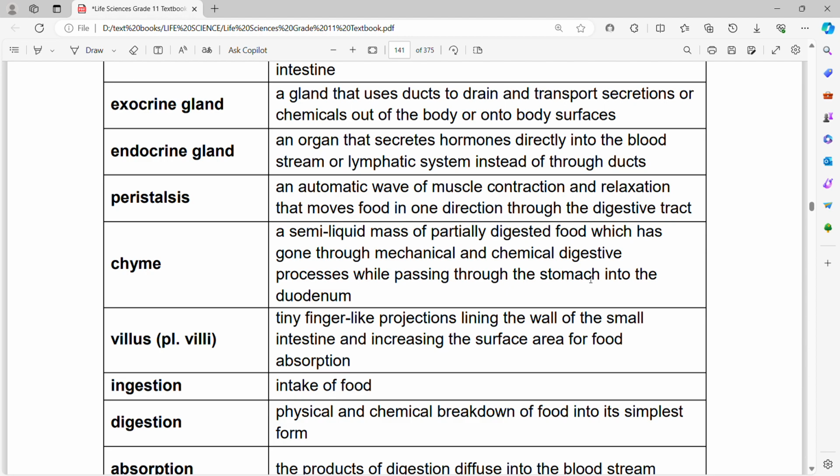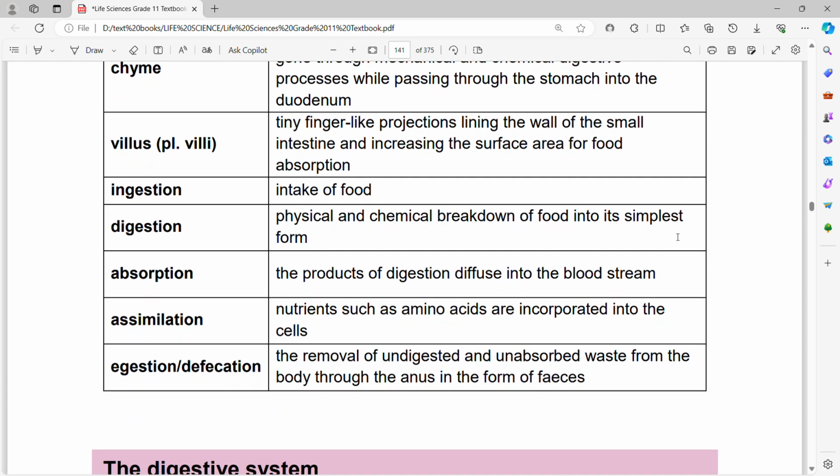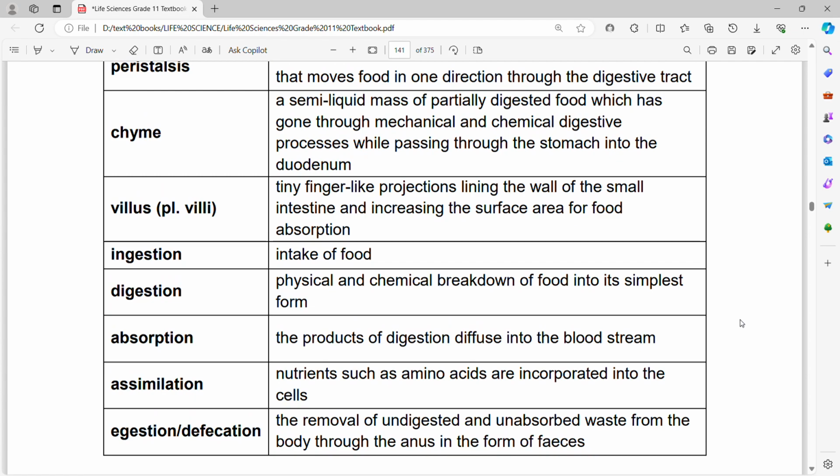Villus, or plural villi, are your tiny finger-like projections lining the wall of the small intestine and increasing the surface area for food absorption.